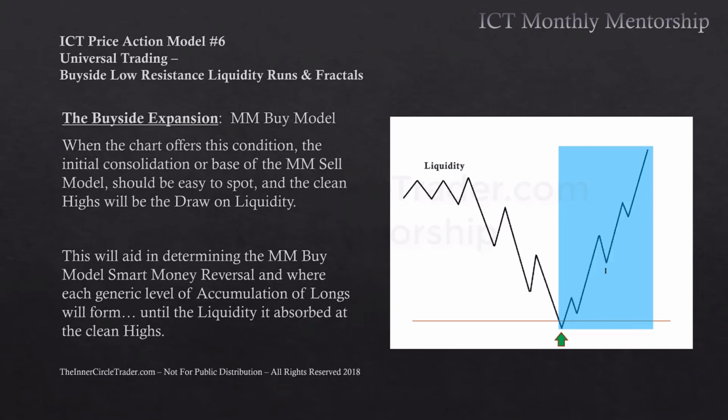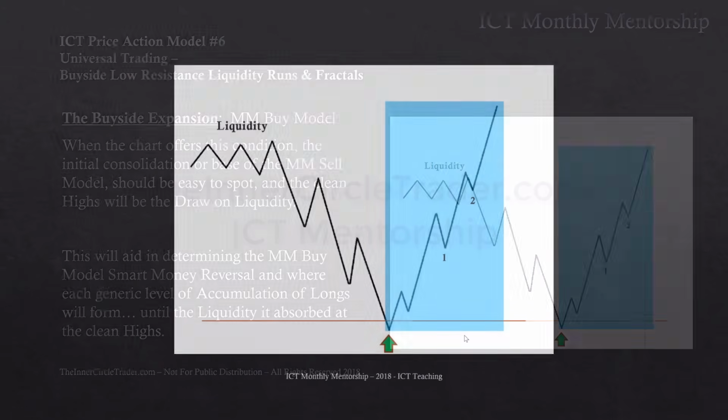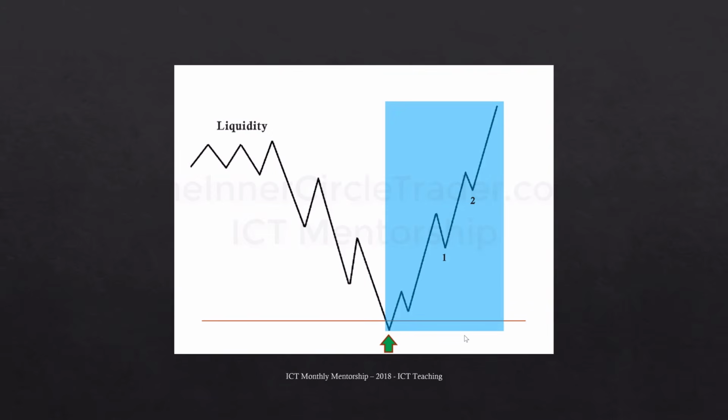But we would have stage 1 and stage 2 of reaccumulation on the buy side of the curve, and terminus would be some measure of a run above the original consolidation over here. So keeping that in mind, this model may not have 2 stages of reaccumulation. It may just give you 1.